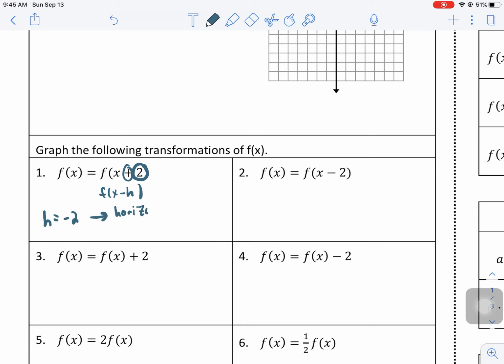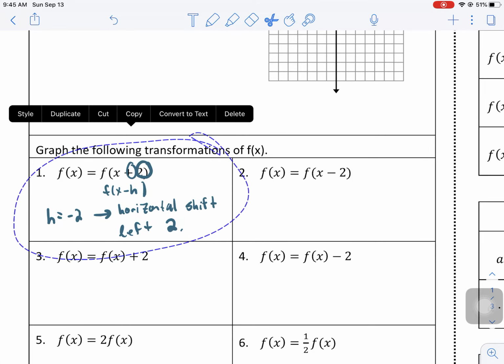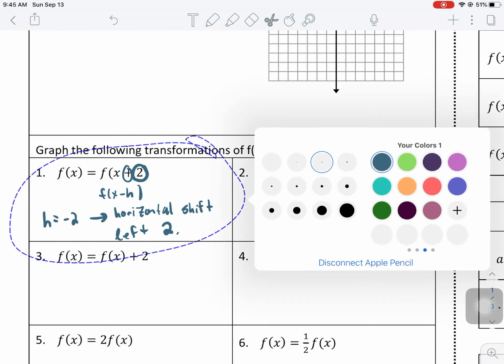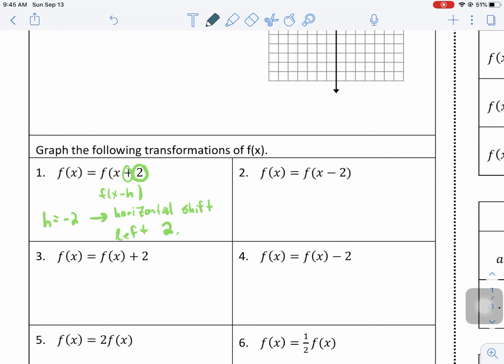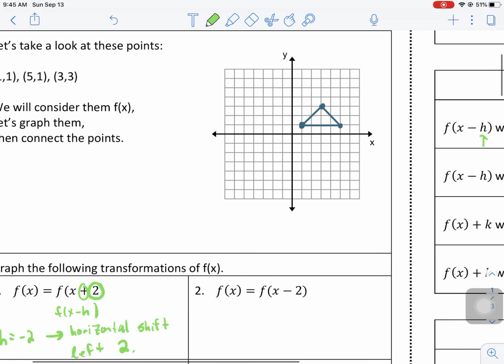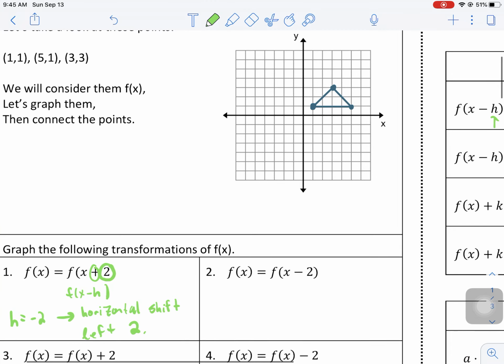This tells us a horizontal shift left 2. Let's change this to a different color, and then we'll represent that on the graph. I'm going to make it my green. If we're taking a horizontal shift left 2, that means we're physically taking all of these points and moving them to the left 2.